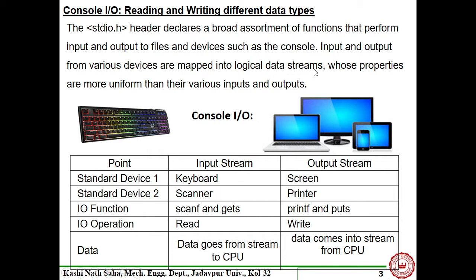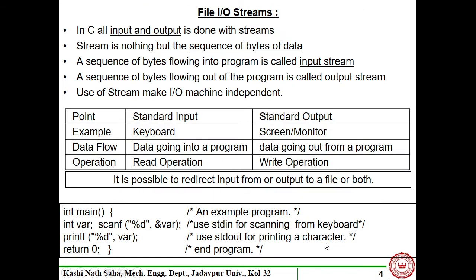A stream means a flow, a continuous flow, stream of water, stream of something. So this requires a stream of data. This stream of data goes to CPU or it comes from CPU.